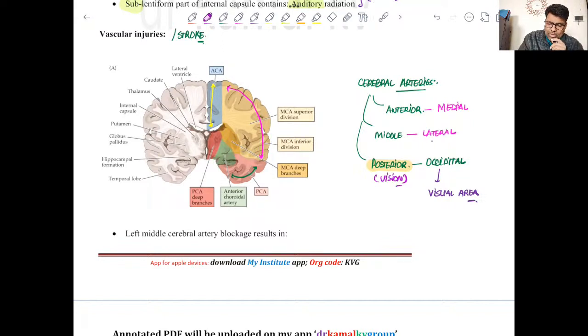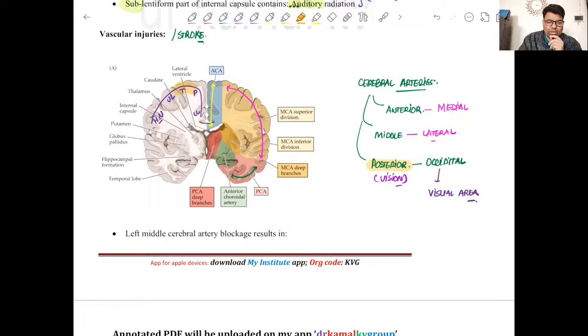Now the lateral part and medial part, this is related to the homunculus. If you have read about the motor and sensory homunculus, the body is represented in an upside down manner: lower limb here, head and neck here, then upper limb, trunk, pelvis, like that. So what I mean to say is, if there is a blockage somewhere here, clear?